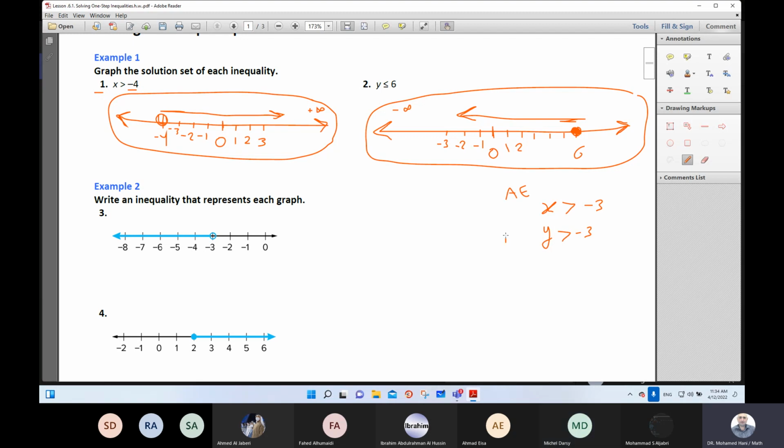Michelle. Mister, I got y is bigger than -3. What is your name? Muhammad. Thank you, Muhammad. Who has else?